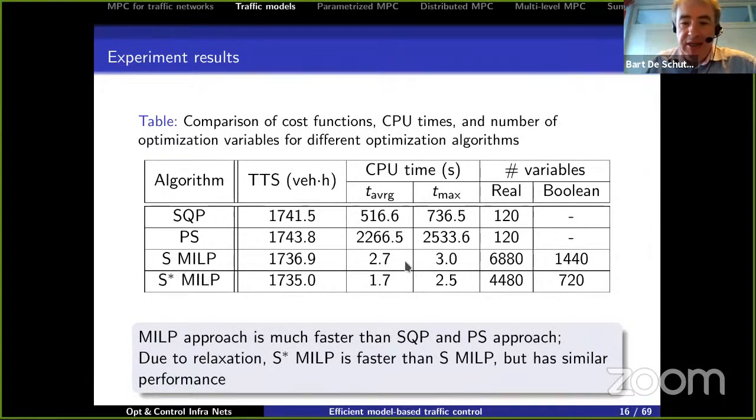If you then look at the CPU time, you clearly see the huge difference between solving a fully nonlinear, non-convex optimization problem and using an approximation. And actually, in this particular case, the approximations even yield a better solution than the nonlinear solvers because we could not take enough starting points for the nonlinear solvers.